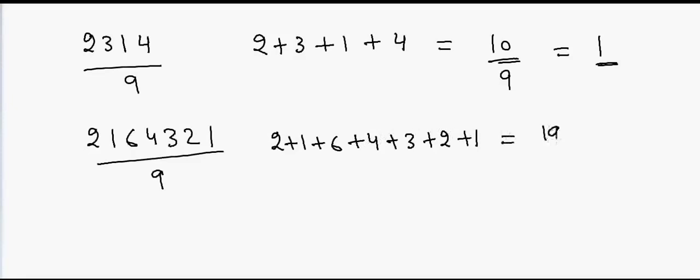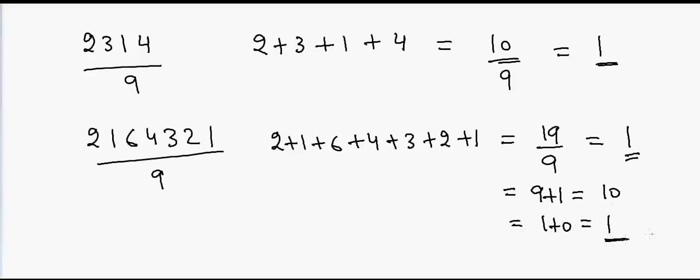So we have 19 divided by 9, and if you divide 19 by 9, I'll get a remainder of 1. So again, if you divide this number by 9, your remainder will be 1. Another thing you can also do is add 9 plus 1, that will give you 10, and then add 1 plus 0, that will give you 1. So your remainder will be 1.